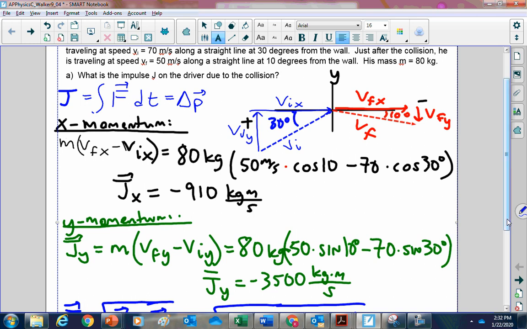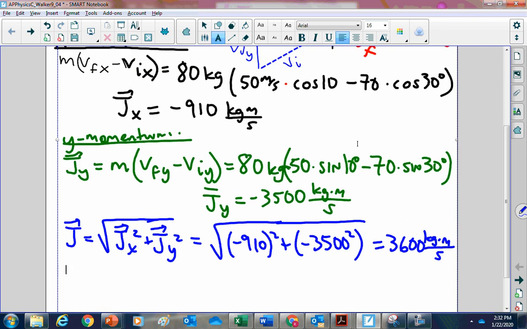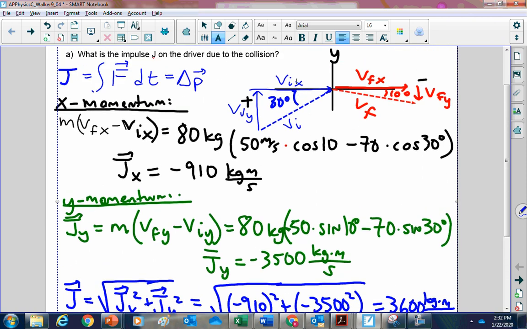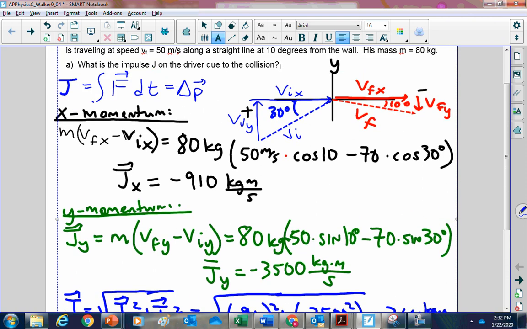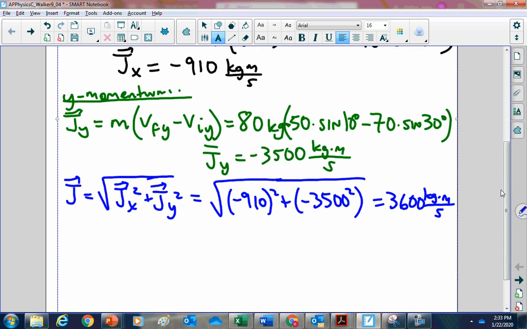So when I do that, sorry for all the interruptions, then I could do inverse tangent to figure out the angle that this impulse is being exerted over.